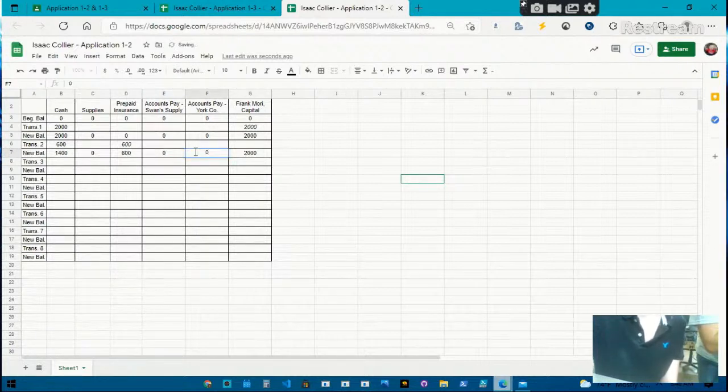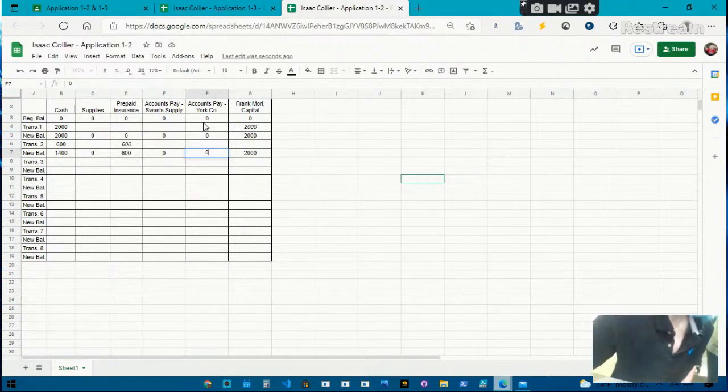All right, transaction 3. Bought supplies on account. What 2 accounts are affected? Supplies and cash. Does it say the word cash in that sentence anywhere? Oh no. Supplies and accounts payable.